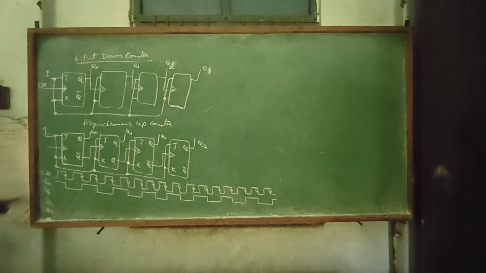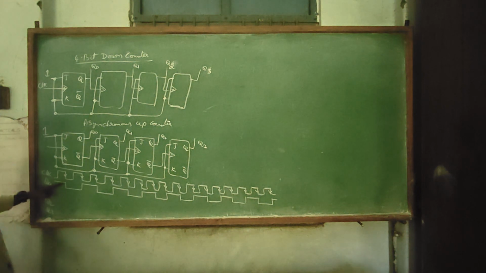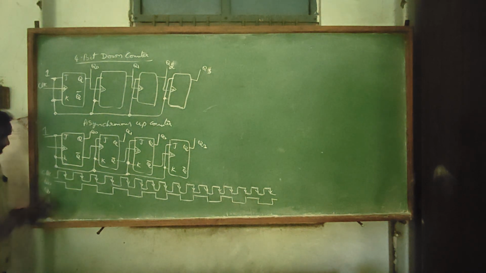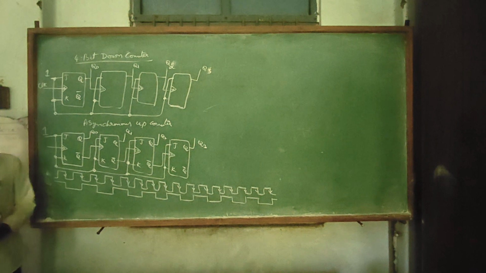Right. So Q0 changes its sign for every falling clock pulse. So that part is clear.